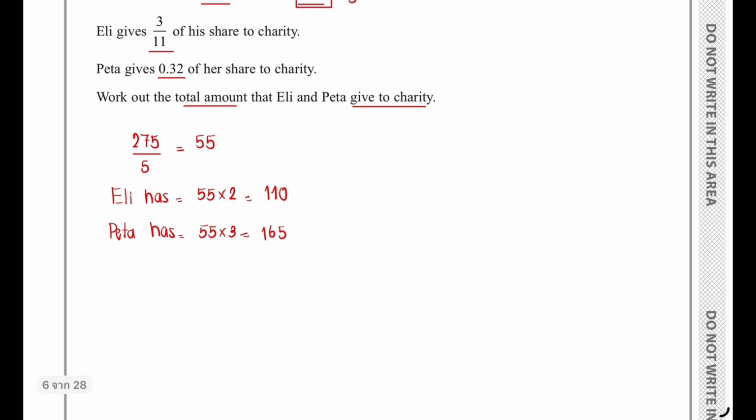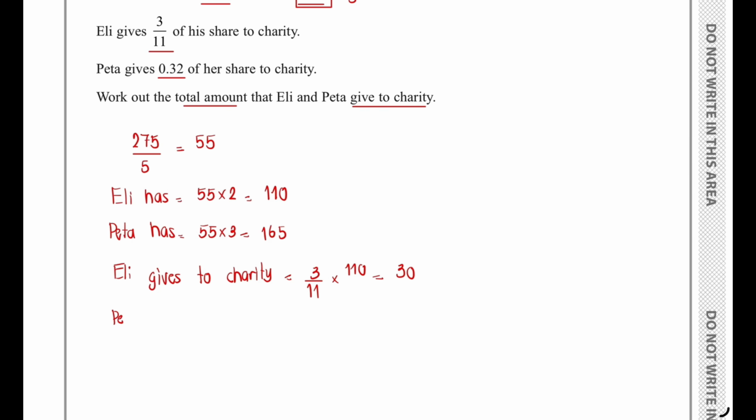Okay, now Ellie gives to charity equal to 3 over 11 times 110, which is equal to $30.